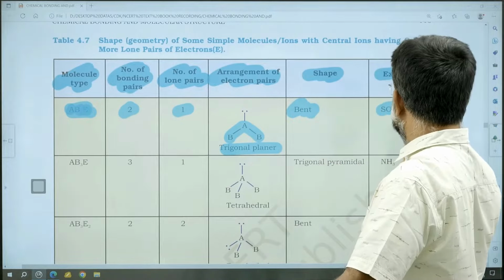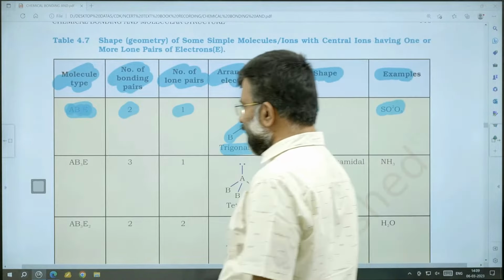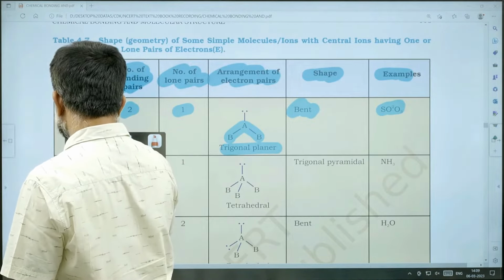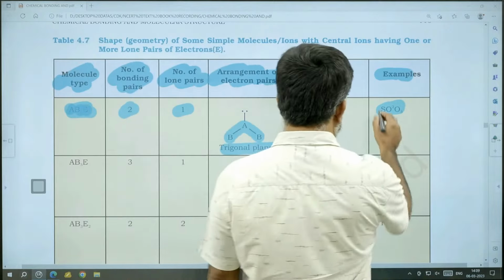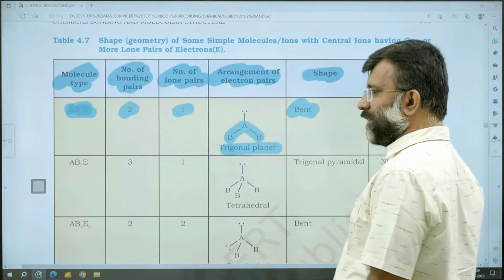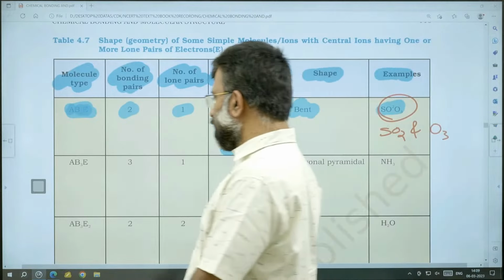So, it's not like that, it is SO2 or O3. That's a printing error. It is SO2 and O3. They make a bend shape.